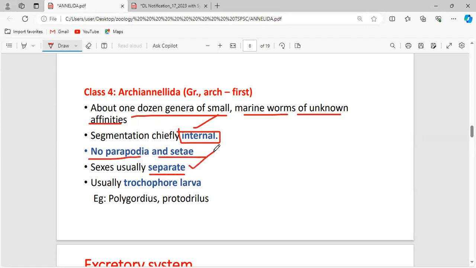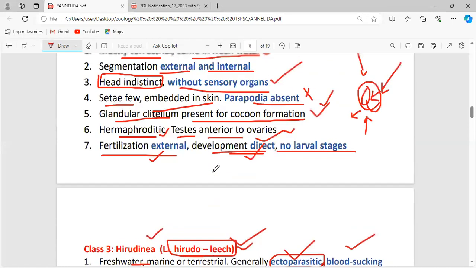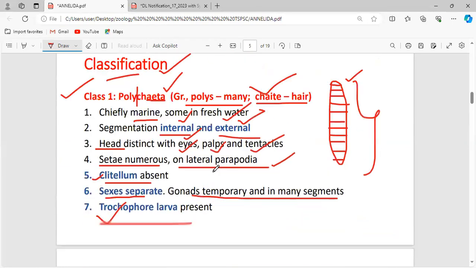Sexes are separate, dioecious in nature. So it is an indirect development because it undergoes a larval stage called the trochophore larva. And the examples for this Archiannelida are Polygordius and Protodrilus. Okay, don't forget the examples. At least remember one example for each class.